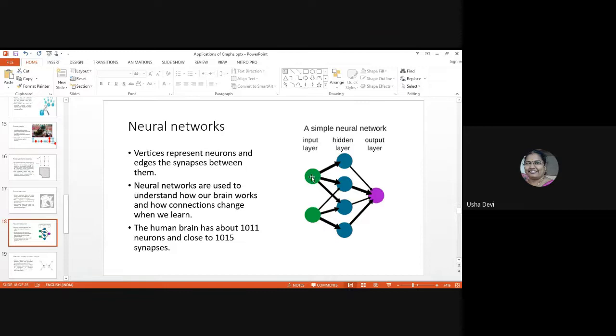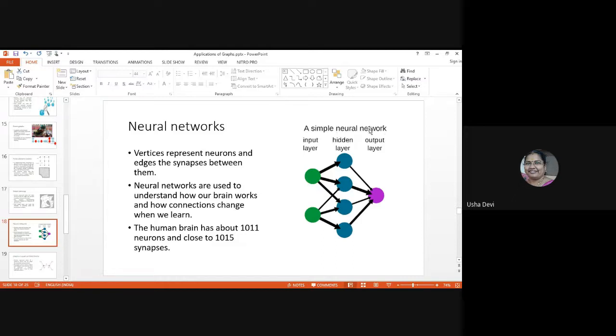Similarly, there should be some interaction from one vertex to another vertex, and this interaction you can call synapses. There should be synapses between one neuron and another neuron. All these are neurons, arranged layer-wise.